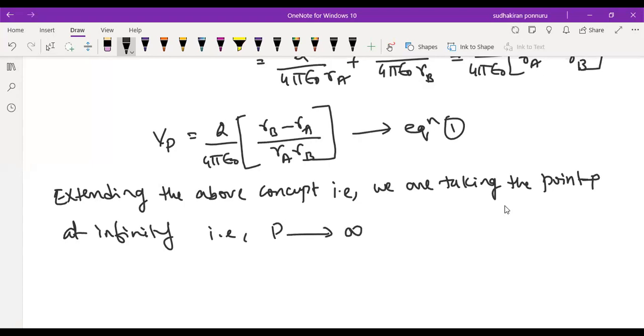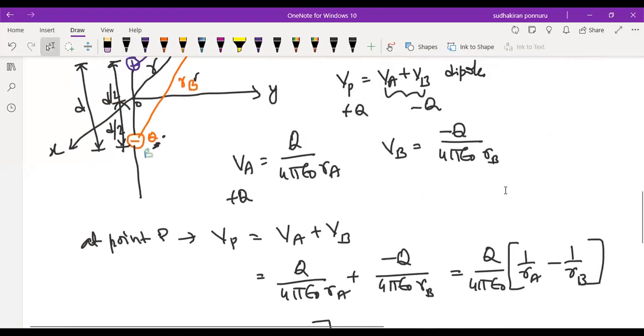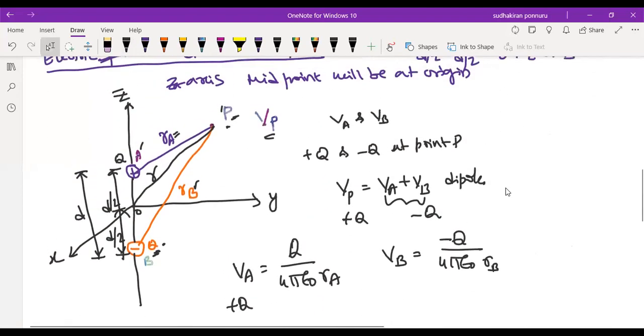If the point is at infinity, we have to make some modifications to the diagram that we have done. We cannot see that point P, and accordingly we have to make the modifications for this diagram.